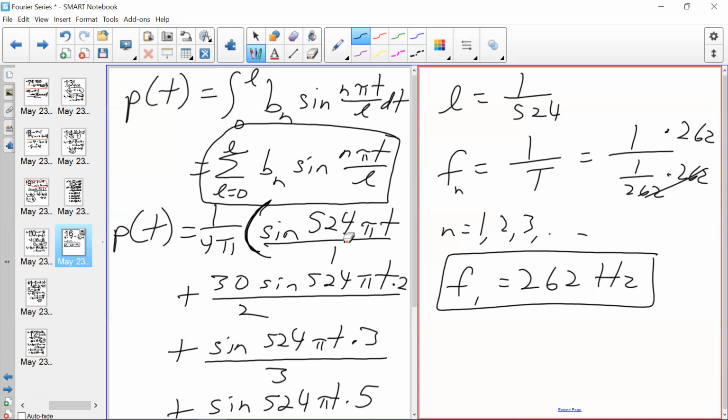Because remember, this is sound, so we're going to get the frequencies. And so therefore, the second one is the multiple of that. So F2 would be twice the first, so it's going to be 524. And then F3, 786.